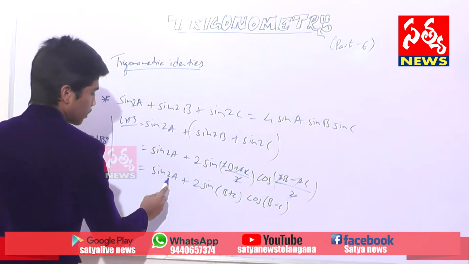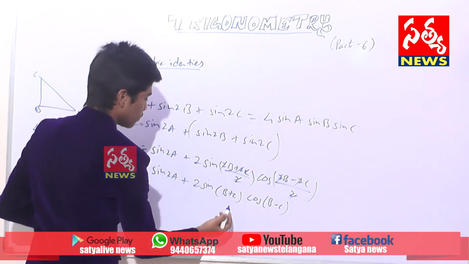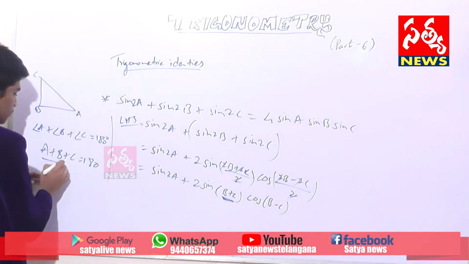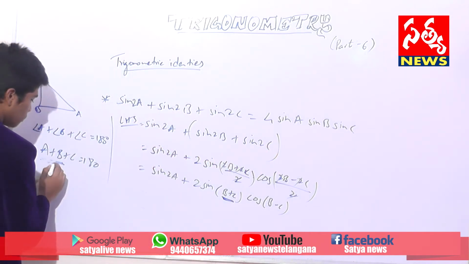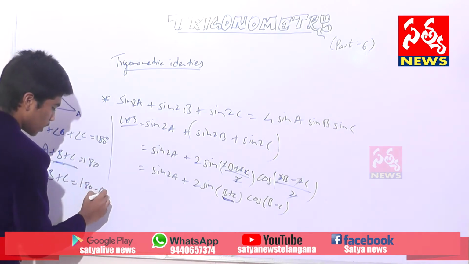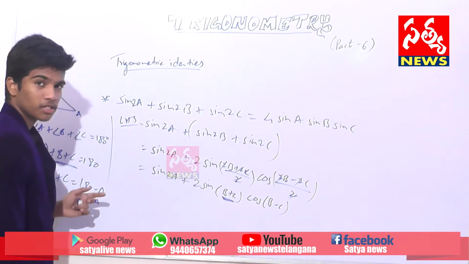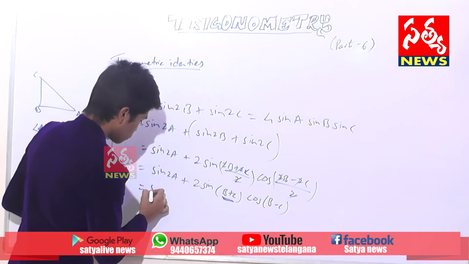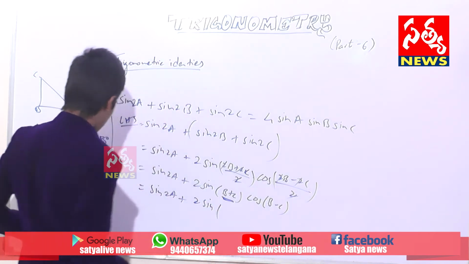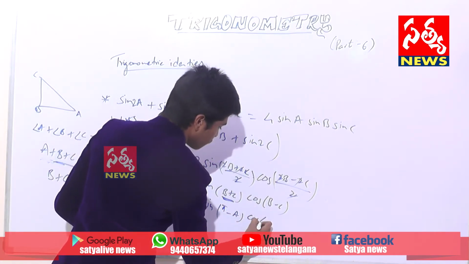Now, in the place of B plus C, we can write B plus C as 180 minus A, or else pi minus A, as pi is nothing but 180 degrees. So we get sin 2A plus 2 sin(pi minus A) into cos of (B minus C).